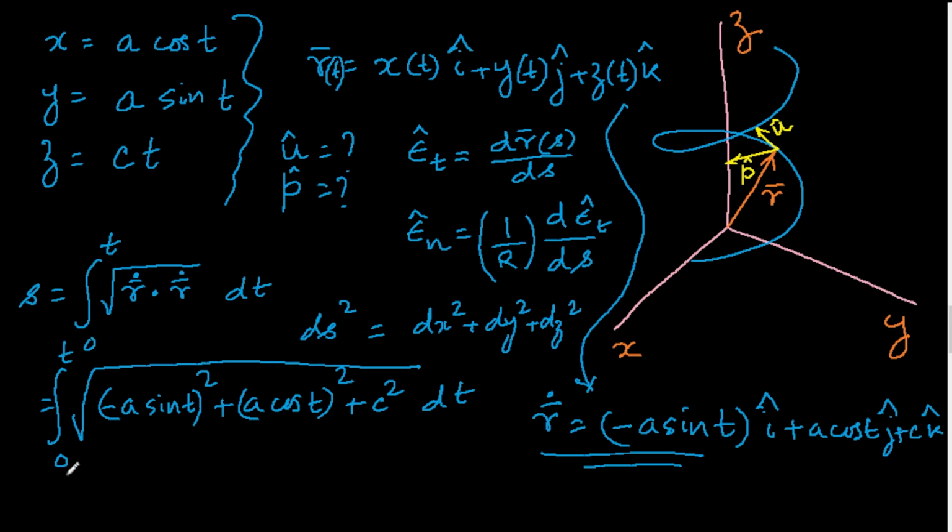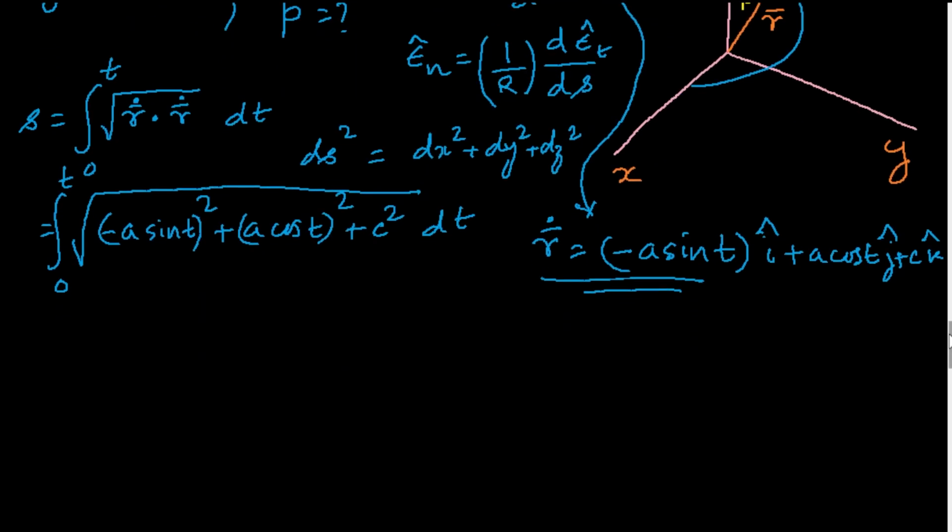So that you will get as a squared plus c squared under root dt from 0 to t, right?